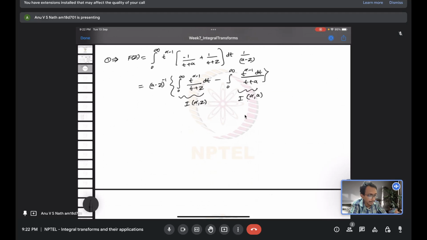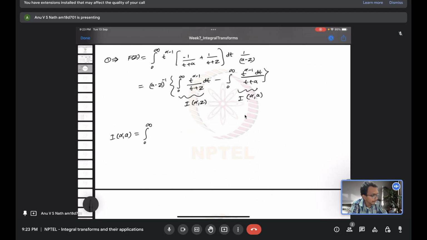If I move to the complex plane, my integration variable still remains t, and usually you would use z as a complex variable in the integration. If I bring z there, you may confuse that z with the t, which is our integration variable. I want to avoid that, so I'll just evaluate the integral I of alpha comma a, which is 0 to infinity.